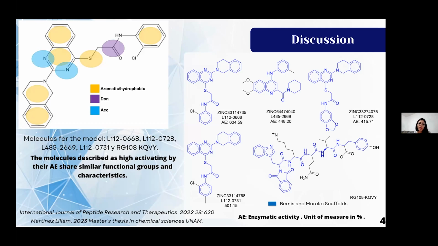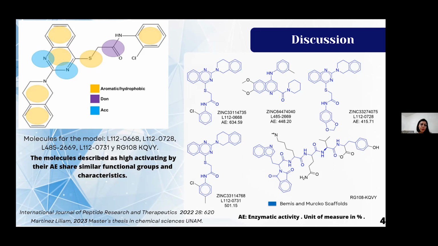Well, the molecules at the right were used as queries, which we obtained from the thesis of Martinez and the article published by Rodriguez Mejia. The similarity test based on fingerprints was conducted using these molecules, employing MACCS and ECFP6 fingerprints and the Tanimoto coefficient.